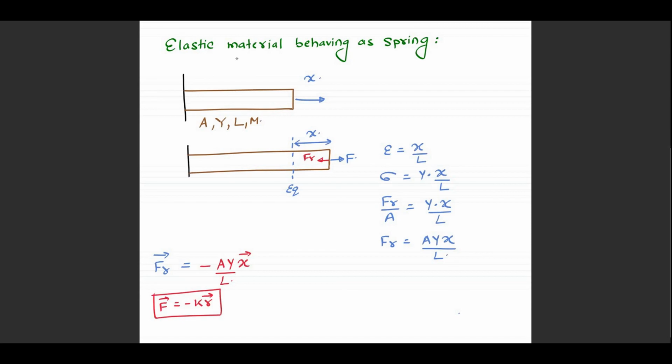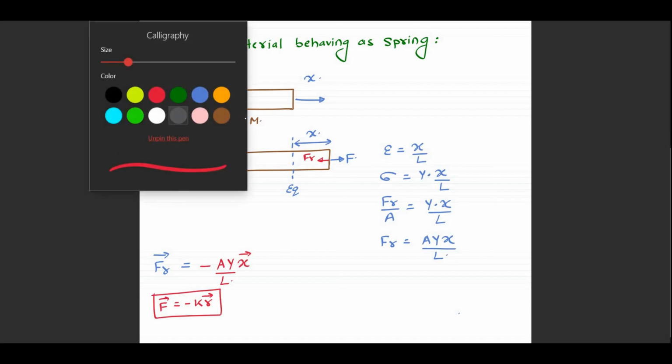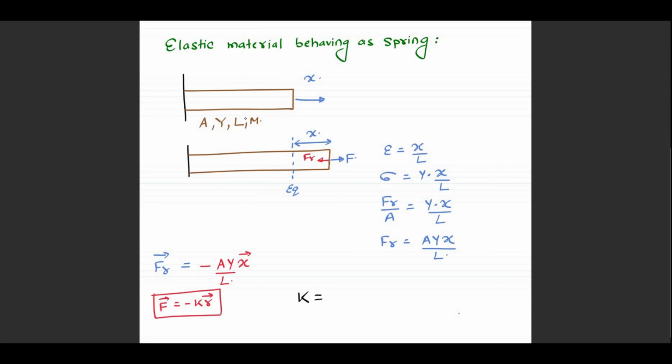So if I compare, K is equal to this, where K represents the spring constant, right? So elastic materials behave as springs with spring constant AY by L, correct? And therefore, you must have developed a concept in your previous chapters that spring constant is inversely proportional to the length of the spring, right? Remember cutting of springs and all. We can also relate it from here, right?